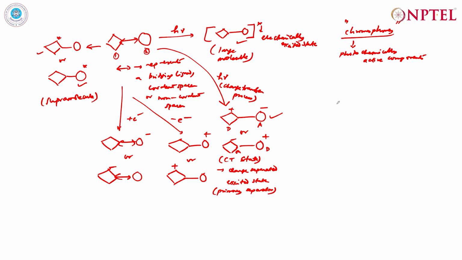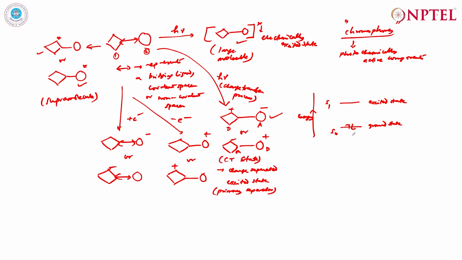For example, let us start with the basic concepts. So we now have S0, which is the ground electronic state, and S1, which is an excited singlet state. So this is the ground state, this is the excited state, and this is the energy which is increasing.